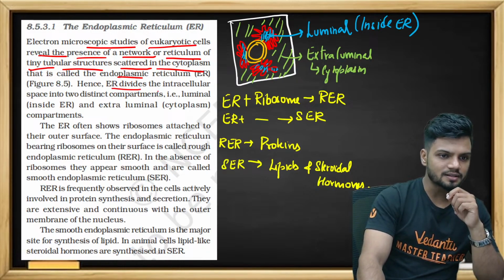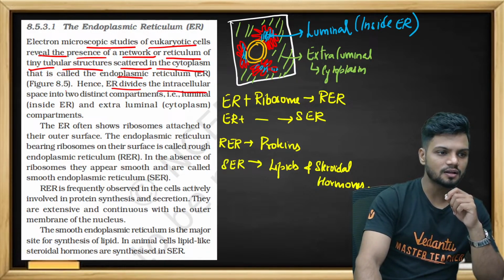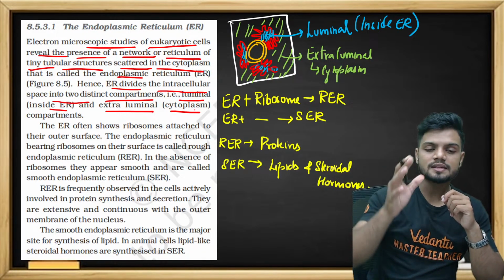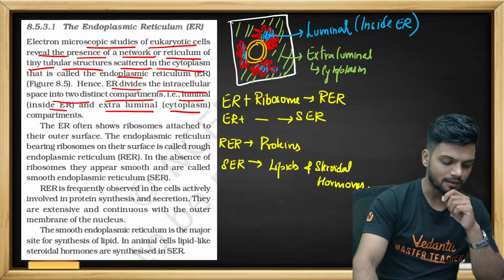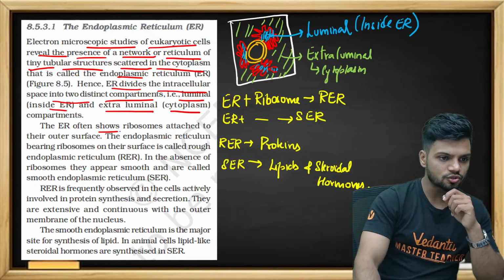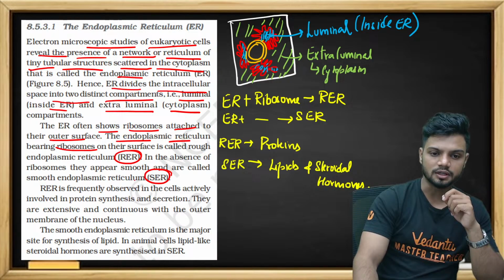The ER divides the intracellular space into two distinct compartments, luminal and extraluminal. Luminal is inside the ER, extraluminal is the entire cytoplasm part. The ER often shows ribosomes attached to the outer surface, and the endoplasmic reticulum bearing ribosomes is called RER. Without is called smooth ER.